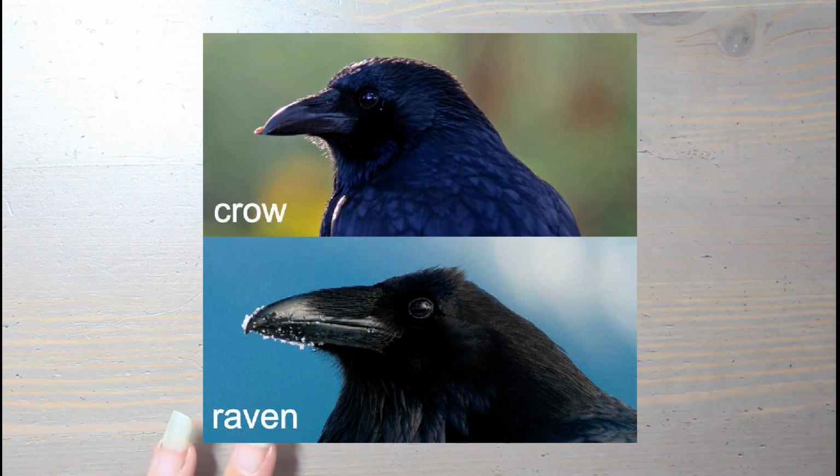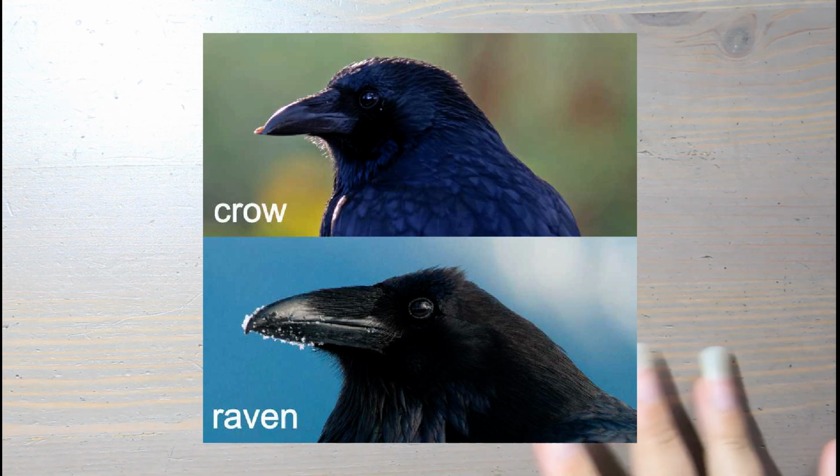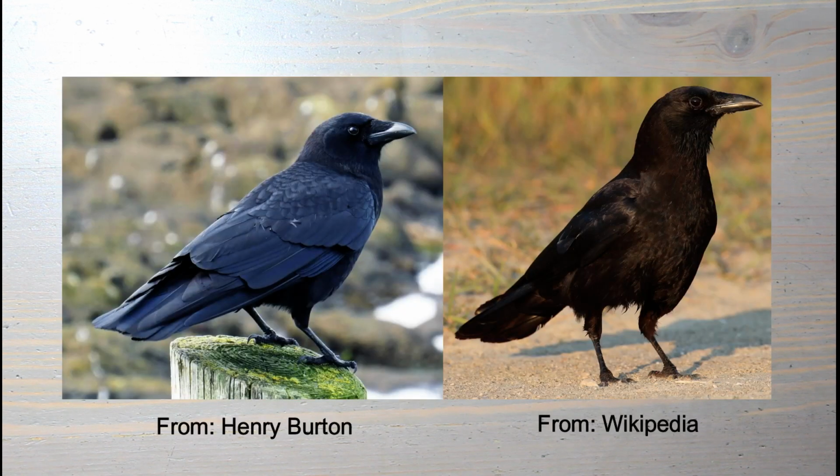Now, in terms of drawing and painting and creating black birds, you can have a ton of fun with it. Now, I'm going to throw up a couple sample pictures of crows. And these are extreme examples. Both of these are crows. The one on the left is in natural light.